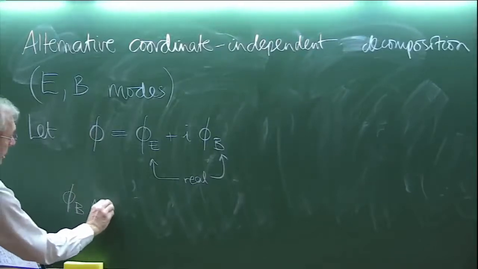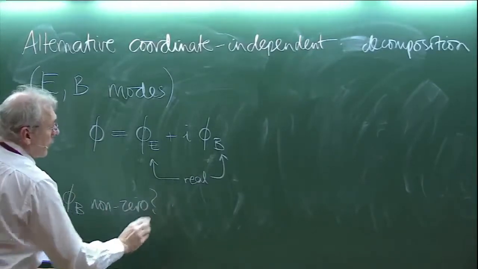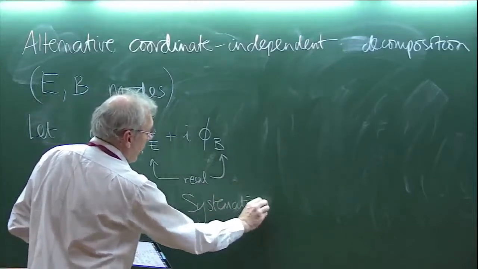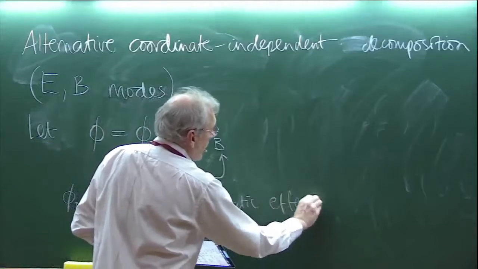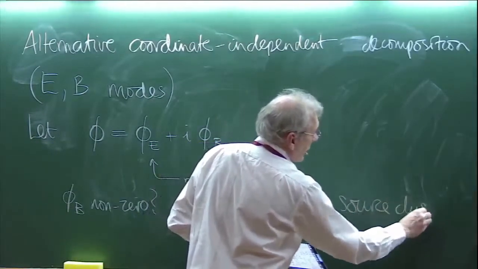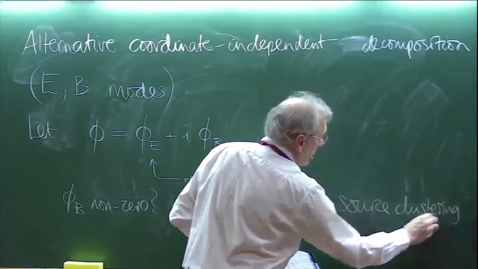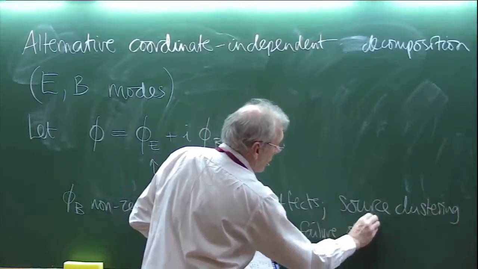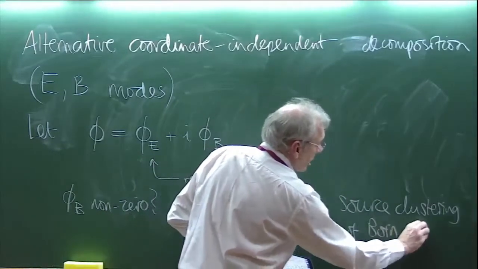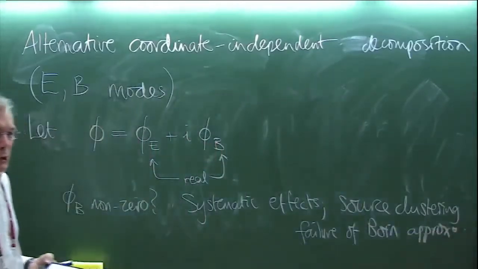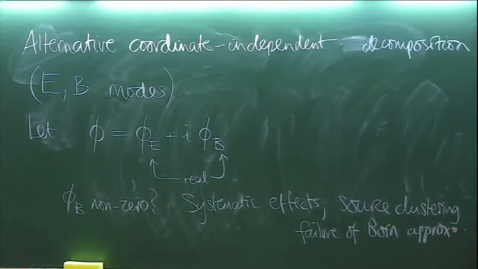So why could it be non-zero? Well, the most likely thing is that it's due to systematic effects. As I mentioned, source clustering also gives you a very small B mode. I think it's also true to say that to the extent that the Born approximation is not a good one, then you can get B modes coming from the failure of that.